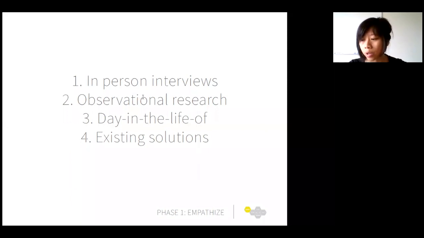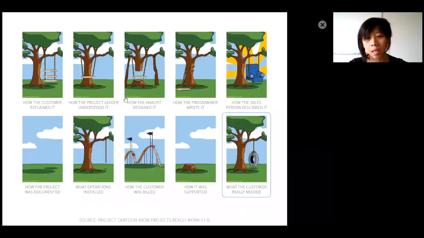The second thing I want to point out is observational research is very, very important. So with this, if I were to go back to a comic here, what the user really needs is a tire swing in this case. But the user, due to whatever reason, described it in such a way that it gave the impression that it's actually a step swing or whatever this is instead.